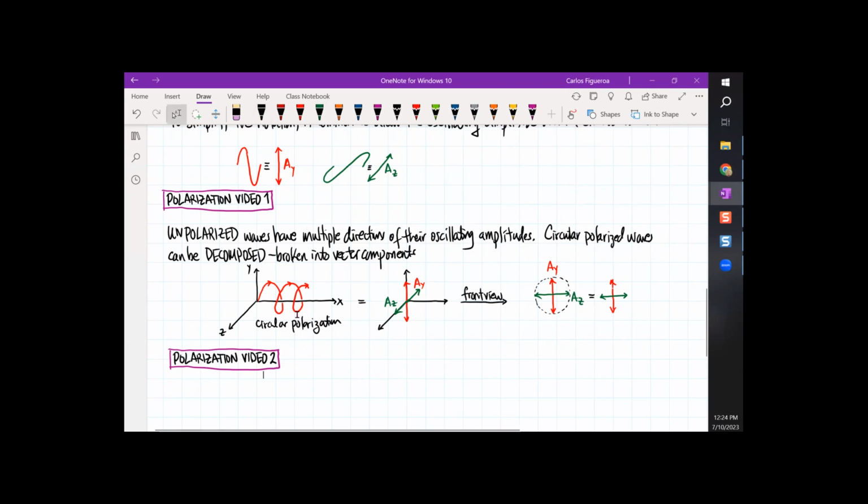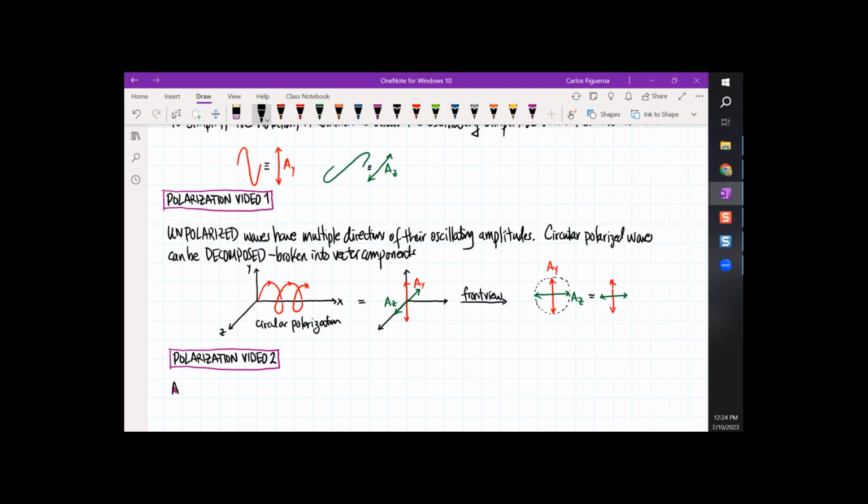Okay. So now what we want to think about here is that most light, as we'll see, is unpolarized and not circularly polarized. And we're primarily going to look at unpolarized light, but I wanted to show you circularly polarized light before we move on. Okay, so now here's what we want to do.